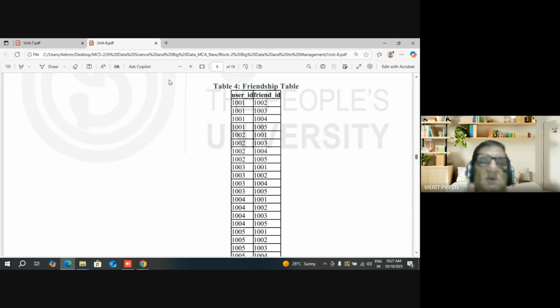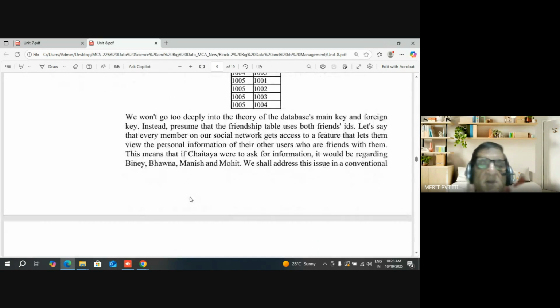So 1001 is the friend of all these: 2, 3, 4, 5. Then 102 is for 1, 2, 3, 4, 5 except 2. And 3 is 1, 2, 4, 5. And 4 is 1, 2, 3, and 5, and so on. And 5 is 1, 2, 3, 4. So that type of thing.